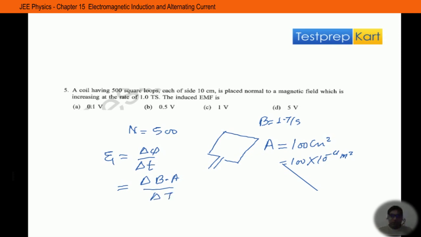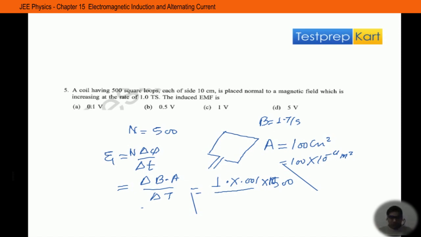Delta B is 1 per second, A is 0.001, and this is multiplied by N, because we have to calculate total flux. Let me correct this formula: it is N delta phi over delta t. So we have to multiply it by 500. So the net induced EMF will be 0.5 volt. I think it is right, it will perform the correct calculation.